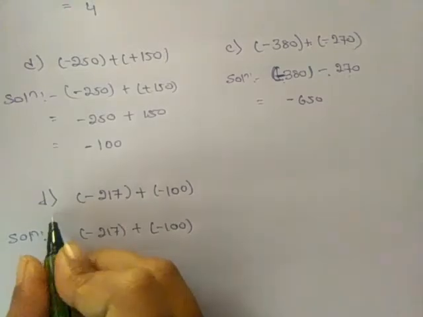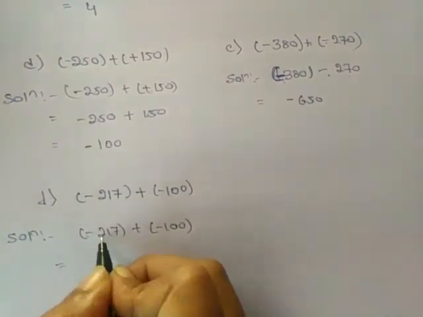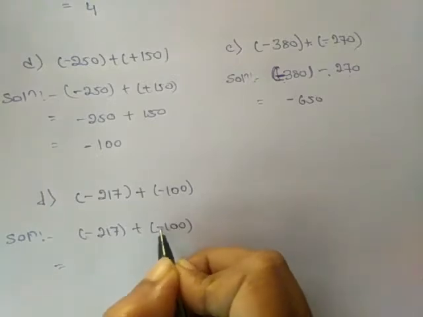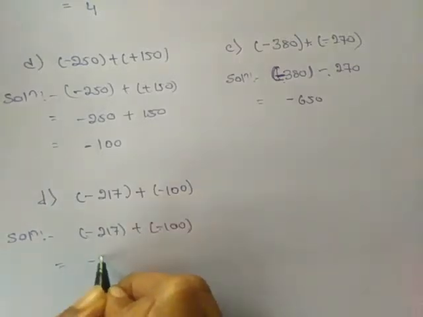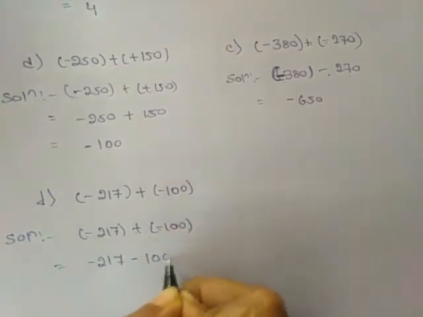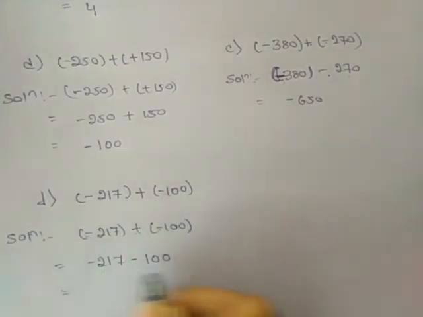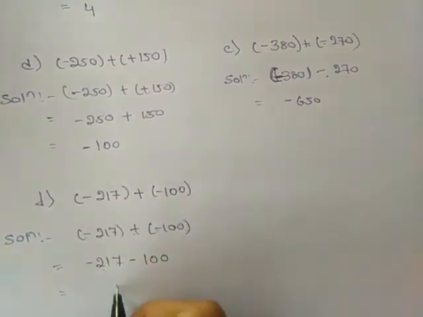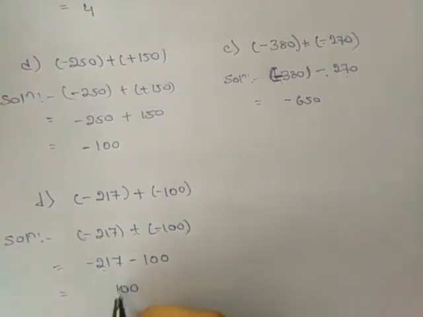Now F1: minus 217 plus into bracket minus 100. First we'll write 217 as it is, plus into minus, minus 100. If we minus 100 in 217, we will get 100. Sorry, not that.